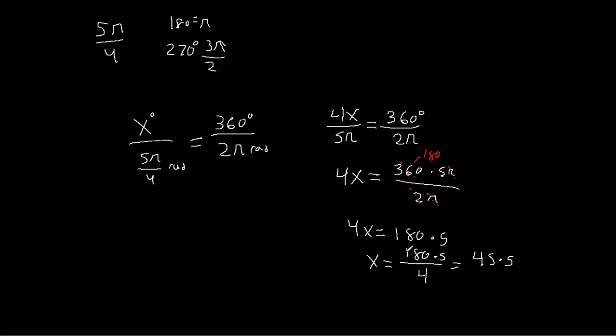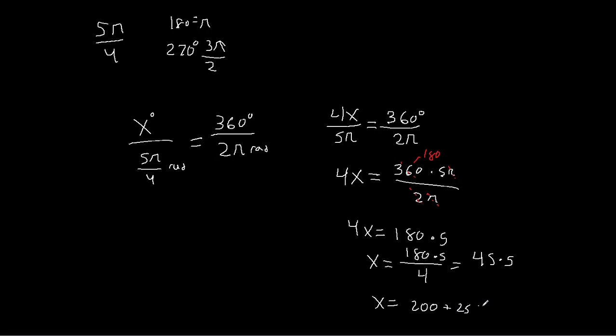I just simplified my own mental process here because I know what a quarter of 180 is. It's 45. And then if we multiply that by 5, we're going to end up in the same place. So what is 45 times 5? Well, 5 times 40 is going to be 200. 5 times 5 is 25.